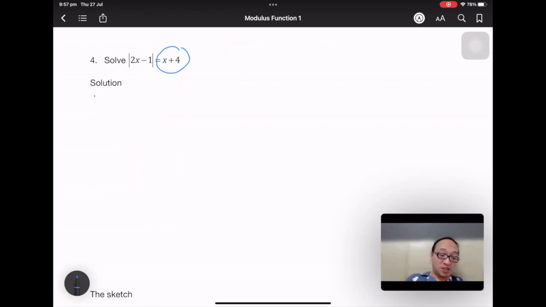The definition of absolute function 2x minus 1: it can be a positive 2x minus 1 for 2x minus 1 greater than or equal to 0, so that means x is greater than or equal to half. And it is a negative 2x minus 1 for x smaller than half.